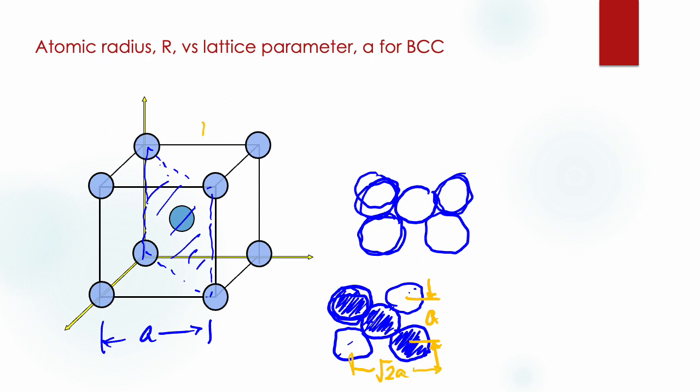Here's a, and this is square root of 2 a. And if that's true, then the dimension from the center of this corner across the middle center atom to the center of the opposite corner, that length would be root 3 a.